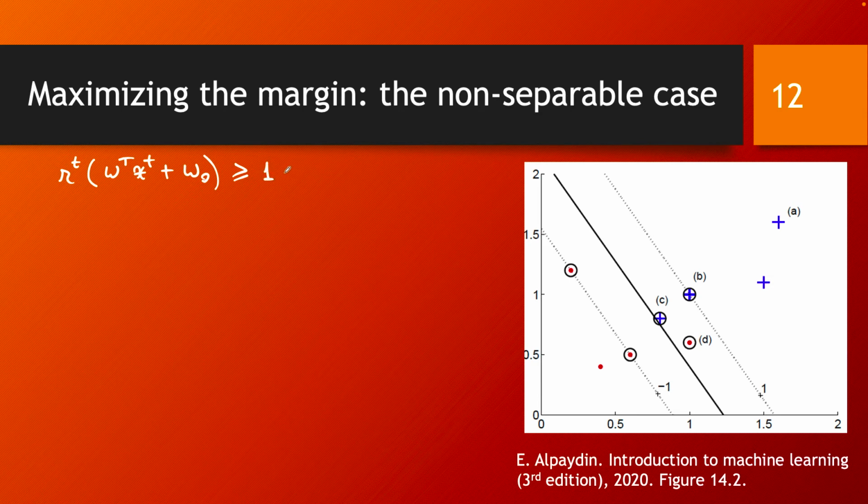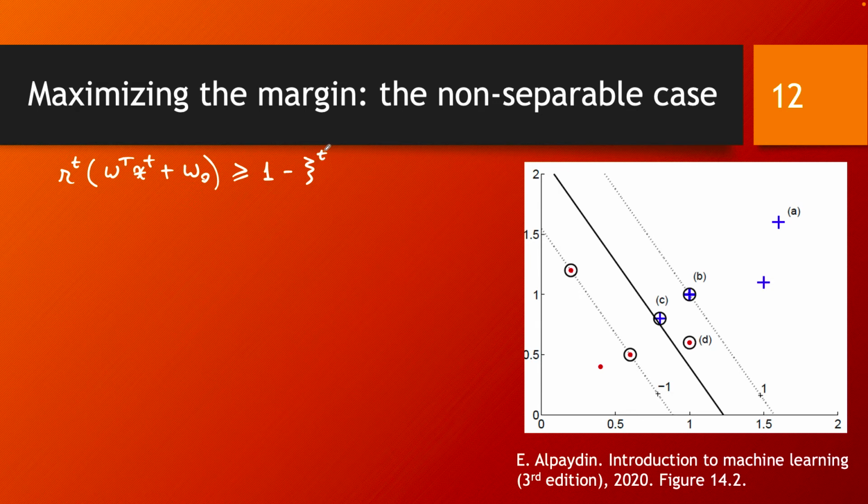But because we realize that there might be errors, we include those errors in this formulation of the problem through these extra variables. There is going to be one variable for each data point. These ξ_t are the so-called slack variables, and they stand in for the idea that there is an error, and we are going to try to minimize these slack variables.